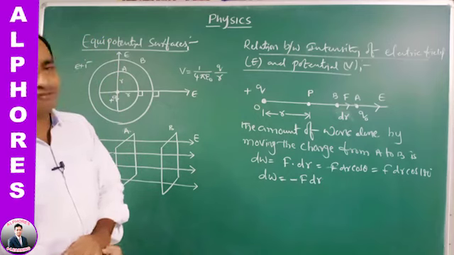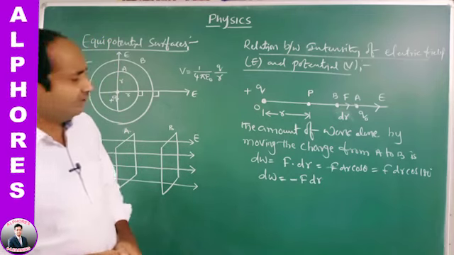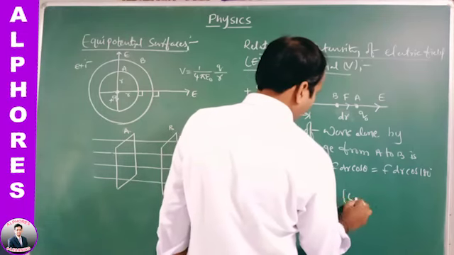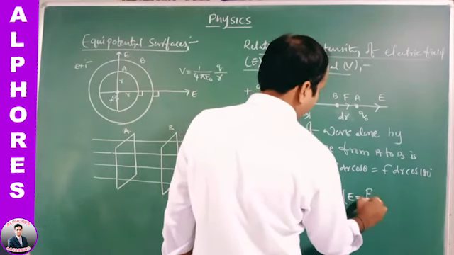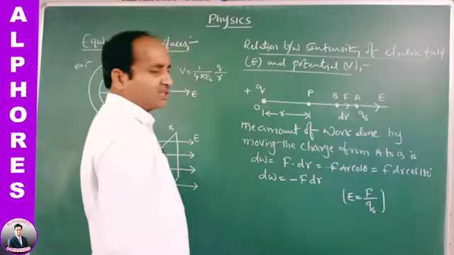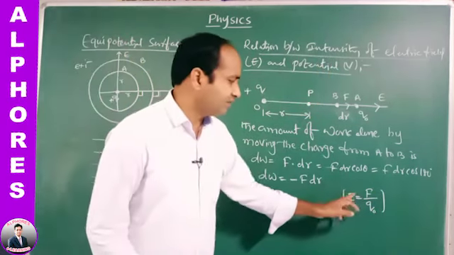Now write F in terms of electric field. We know that E is equal to F by Q, here the charge is Q naught. From this equation, F is equal to E Q naught.